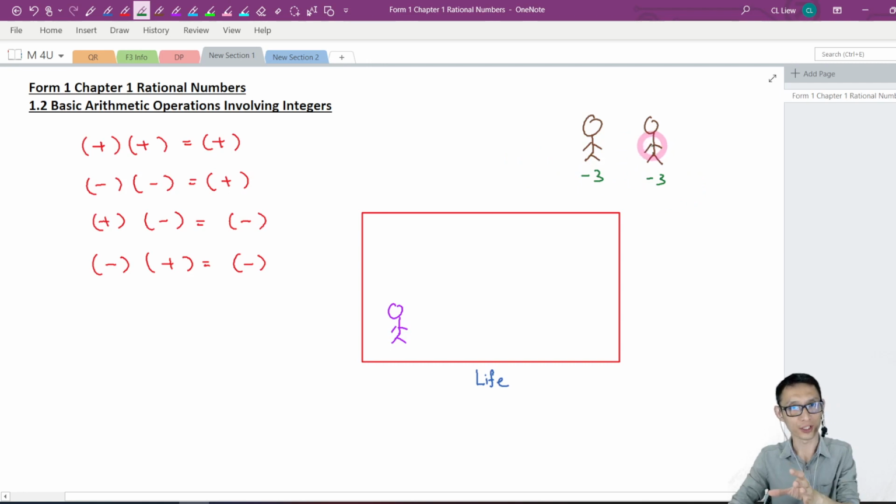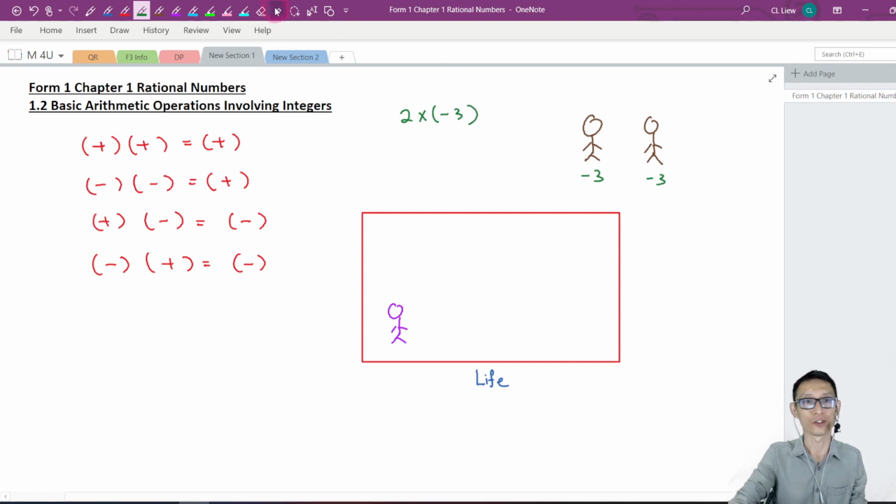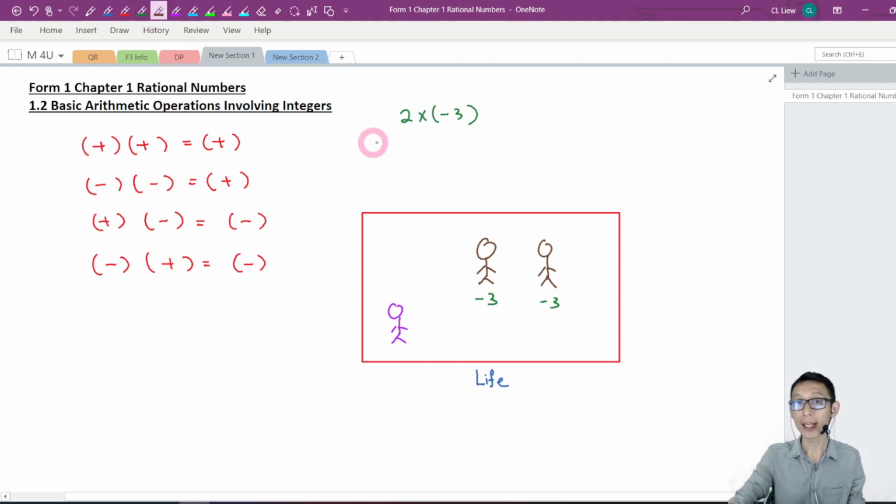So I have two creditors here, and I will represent this situation by 2 times negative 3. Now if these two persons come into your life, now you need to pay them. So I'm going to use plus to represent this situation.